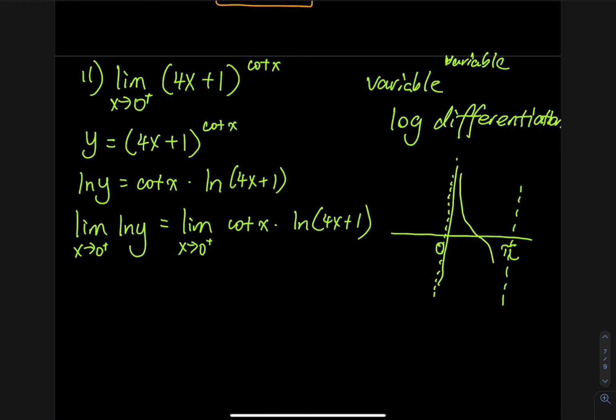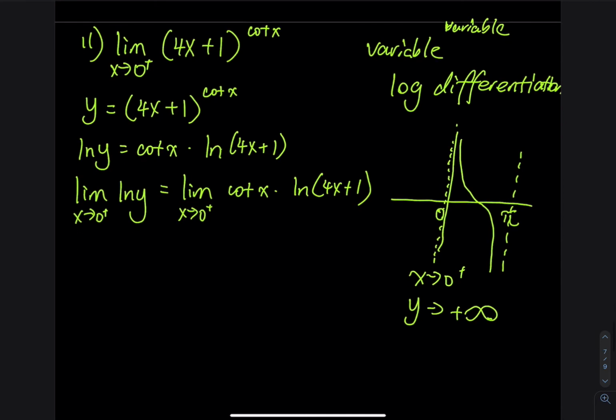As x approaches 0 from the right-hand side, actually, it's not 0. As x approaches 0 from the right, the function approaches positive infinity. So therefore, cotangent x is positive infinity.